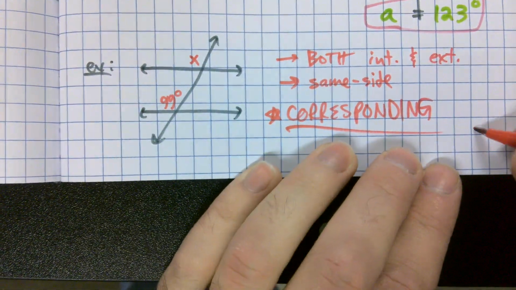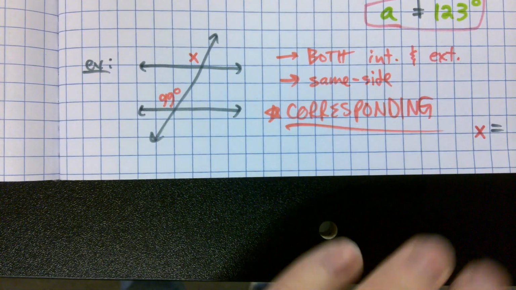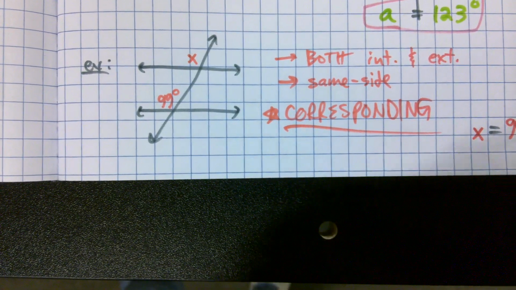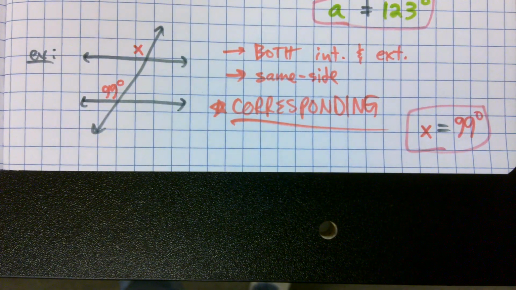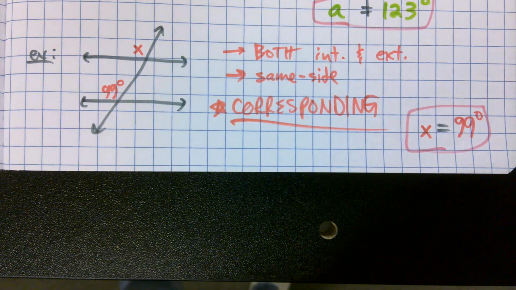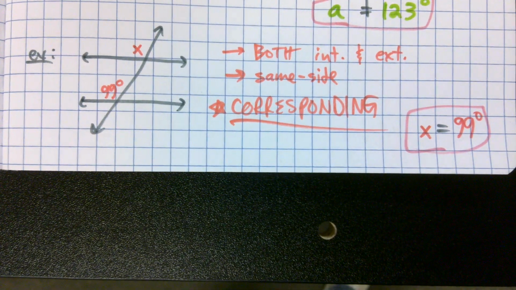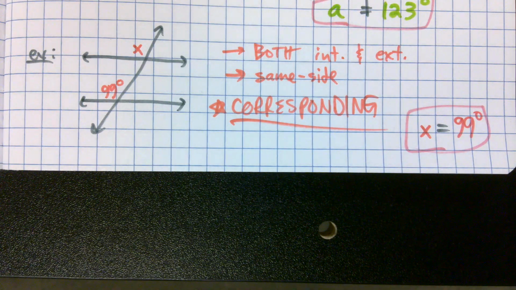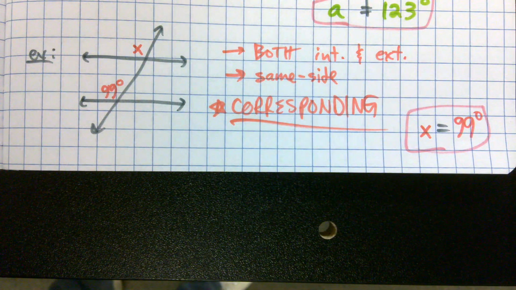So we could say that x is equal to what? 99 degrees. So on the worksheet, you're going to have to name the relationship and find the missing angles. Pretty much. Just we're looking at a different type of image, but it's the same kind of thing.